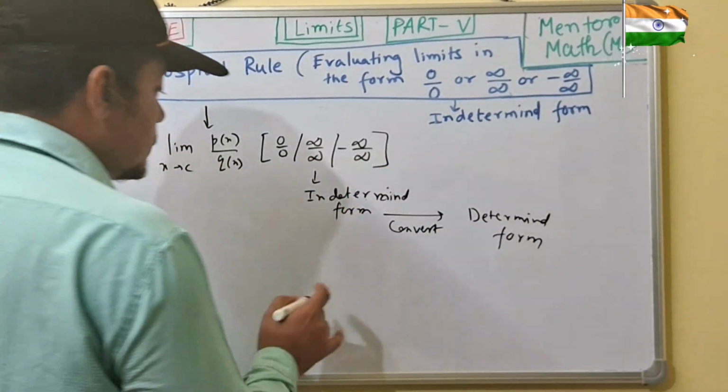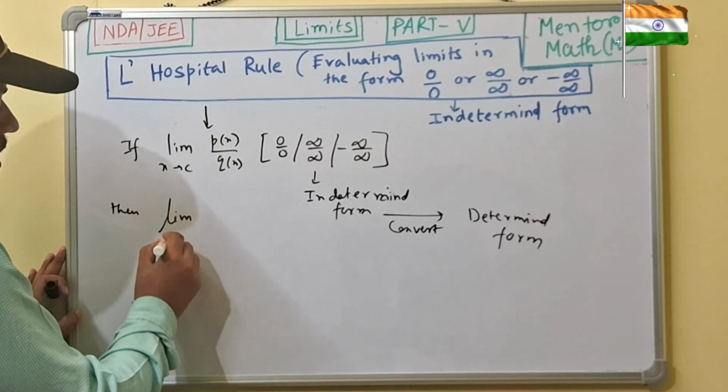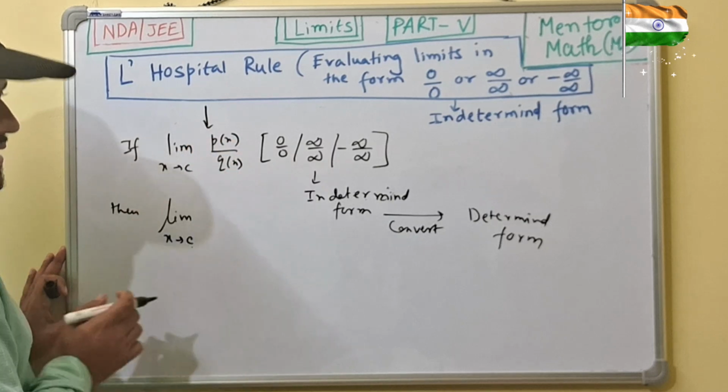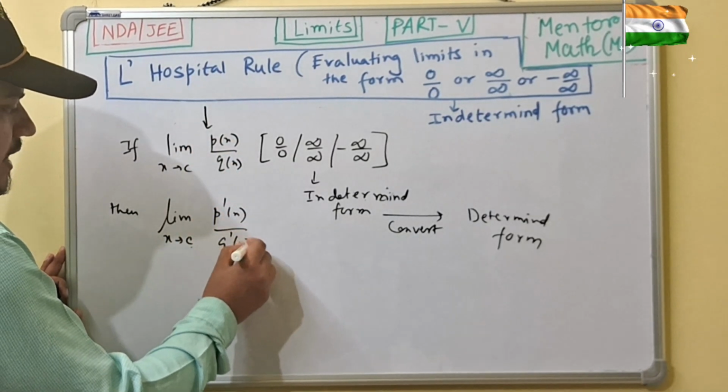And how is it possible? You have to take the derivative, differentiation, of the numerator as well as the denominator, that is p dash x by q dash x.